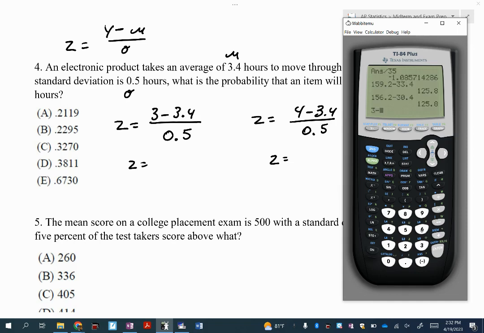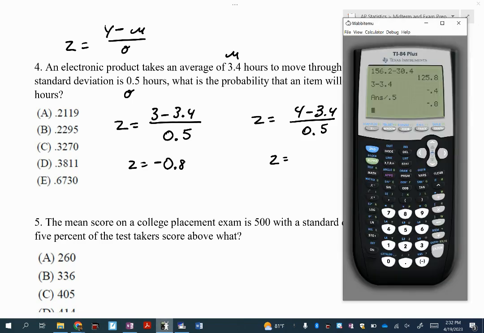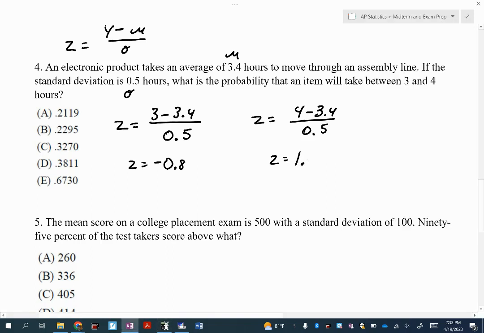So 3 minus 3.4 divided by 0.5, which is negative 0.8. And then 4 minus 3.4 divided by 0.5, which is 1.2.